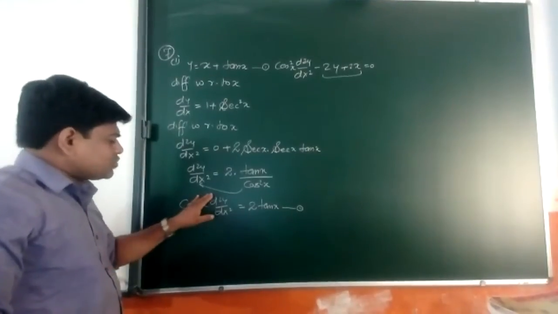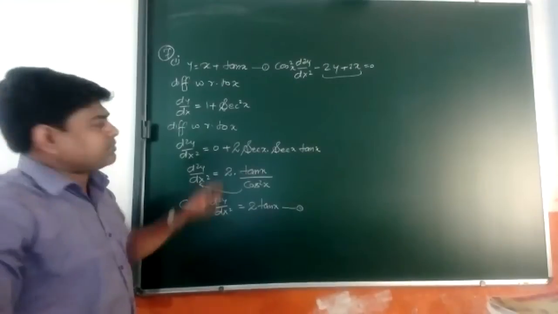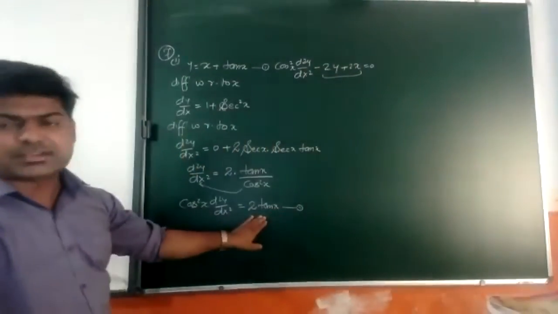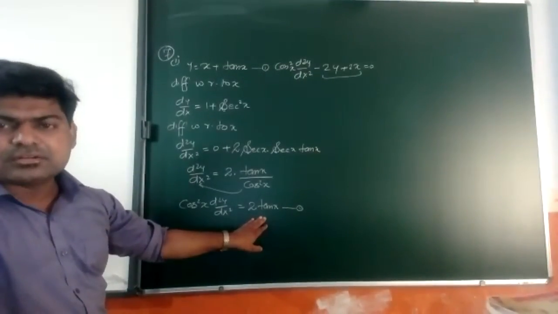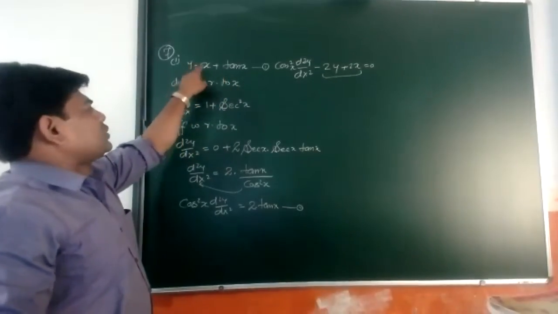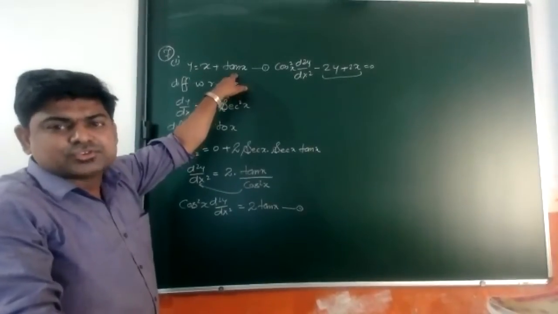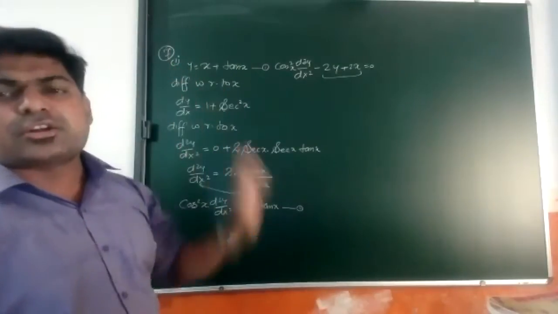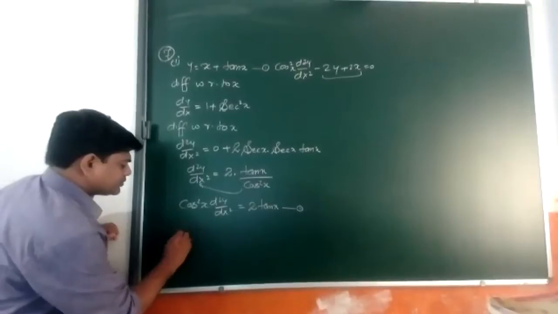Cos square x d2y by dx square we have got, and it is our requirement. But with this we have to get y and x. We don't want tan x. It means tan x has to be eliminated. In equation number 1, y is equal to x plus tan x, as given in the question. So from here, tan x is equal to y minus x. That value of tan x I am going to substitute here.